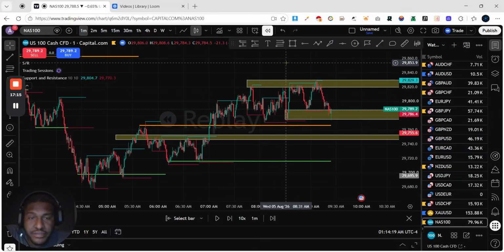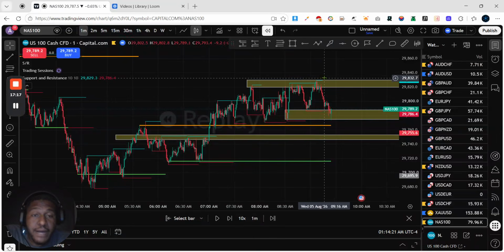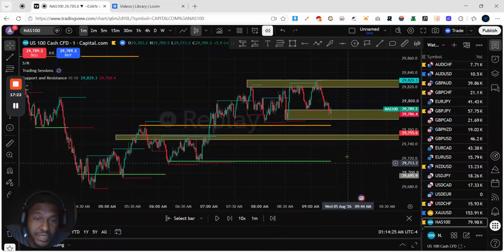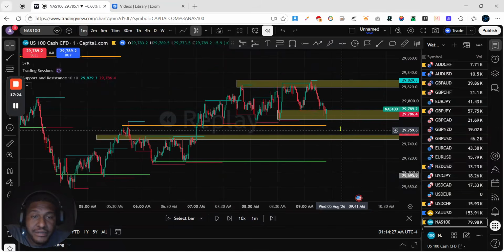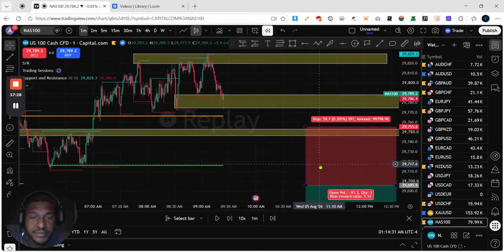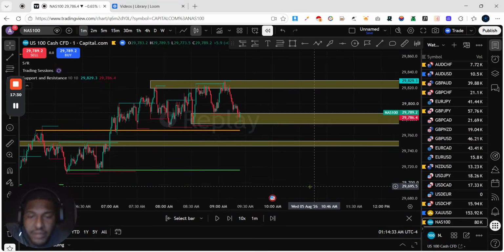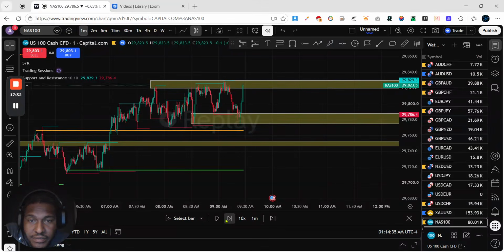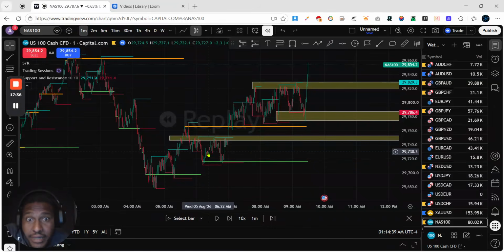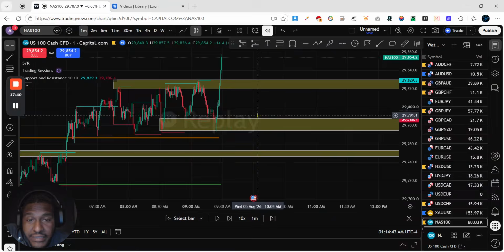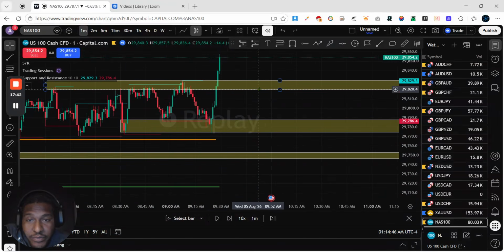Jeez. Okay, so the plan was I'm buying above this line. I'm selling below this line. Okay. And wow. All right. Okay. Again, my mindset was when NAS does its thing like this, I'm not waiting on internal liquidity.